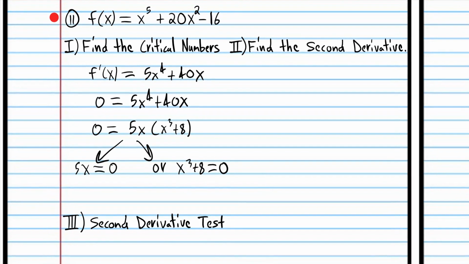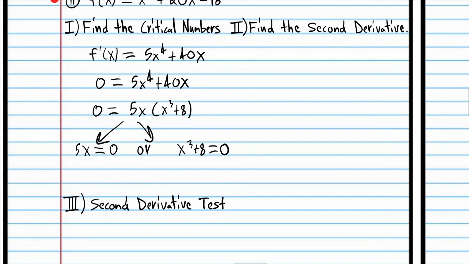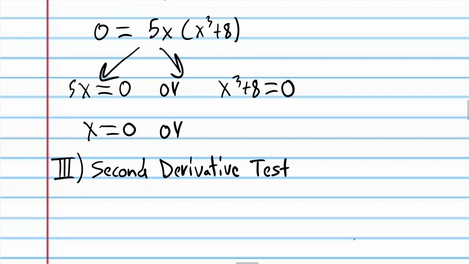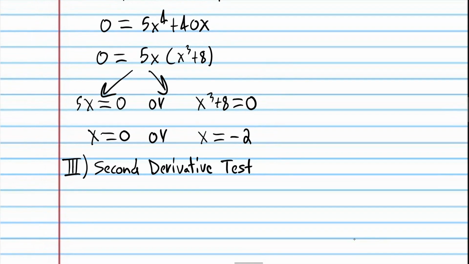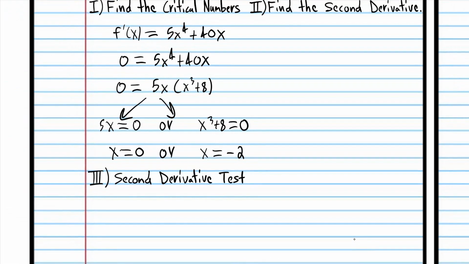In this problem, we have to solve an equation with a cube, but this is just basic algebra. Shouldn't be a problem. So if you put the 8 on the other side and then cube root both sides, you get x is equal to -2. So we found the critical numbers. We have x equal to 0 and x equal to -2.